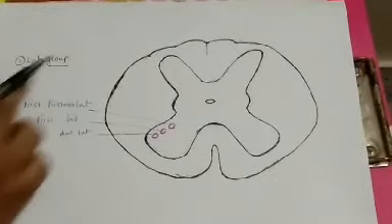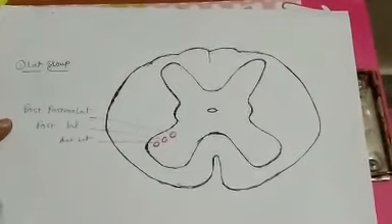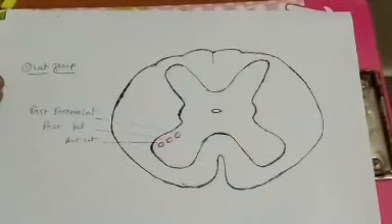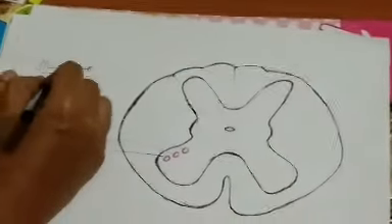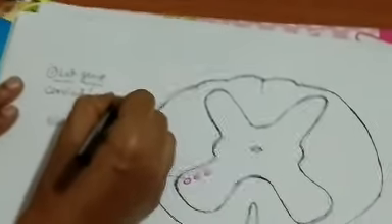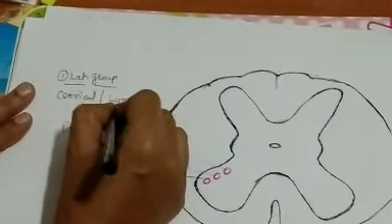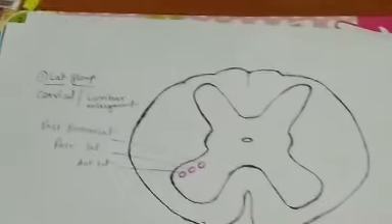So this group is present within the cervical and lumbar enlargement of spinal cord, because it supplies to muscles of extremities.